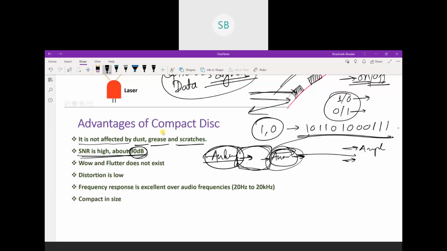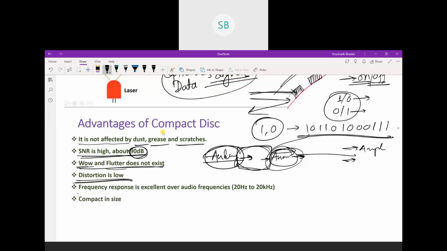Then the effect of wow and flutter, which we saw at the time of recording data on the photographic film, does not exist in compact discs. It also has low distortion because we are dealing with digital data.